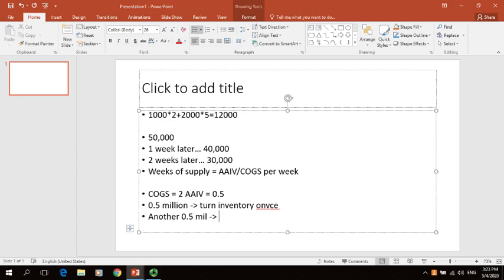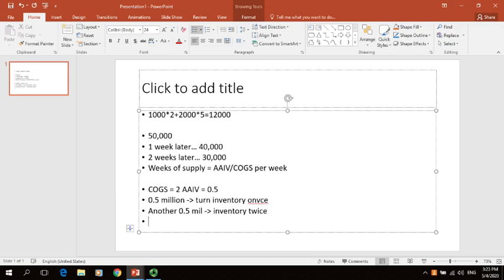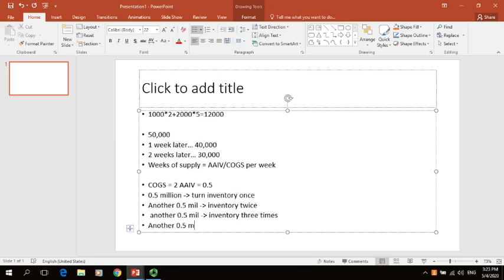Then you turn your inventory twice. What happens if you sell another 0.5 million? You turn your inventory 3 times. And another 0.5 million? You turn your inventory 4 times.